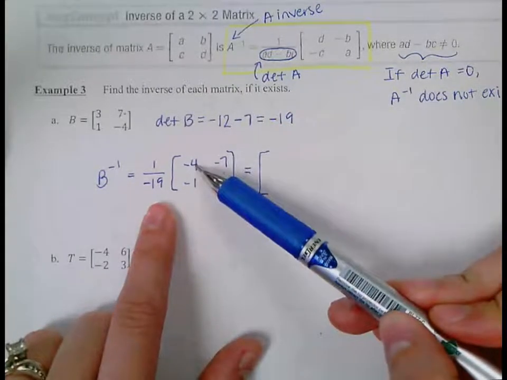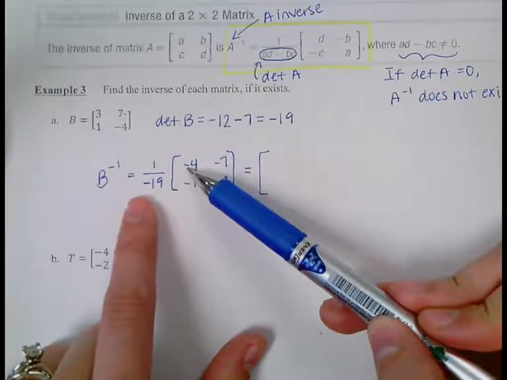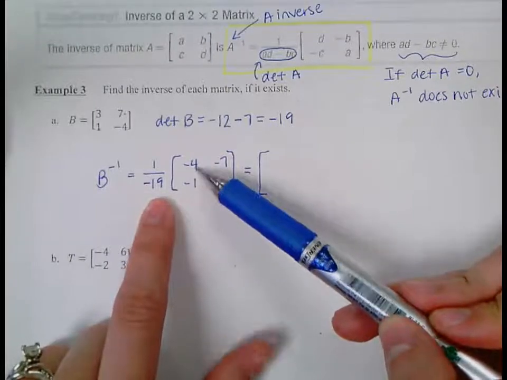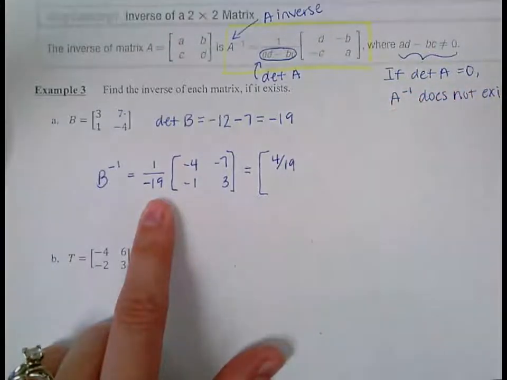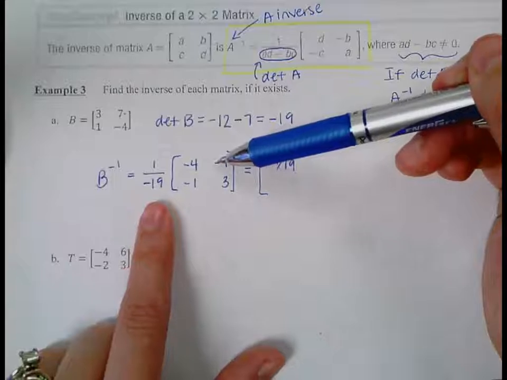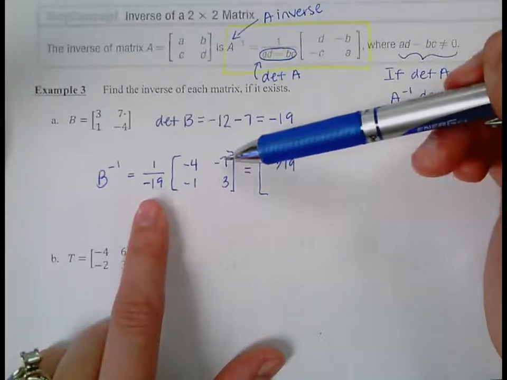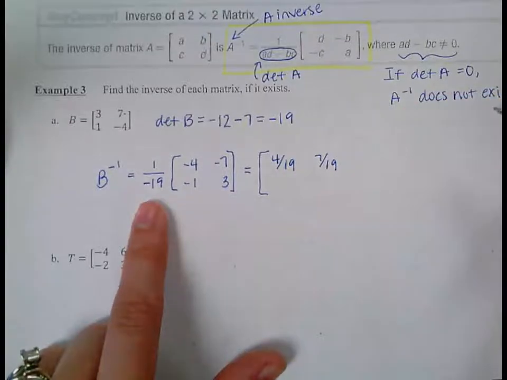So I'm going to have negative 4 over negative 19. The negatives will cancel each other out. And then 4 over 19 is as simplified as we can make it. So that first element is the fraction 4/19. And then I would have negative 7 over negative 19. Again, that'll be positive, and it's already simplified, 7 over 19.